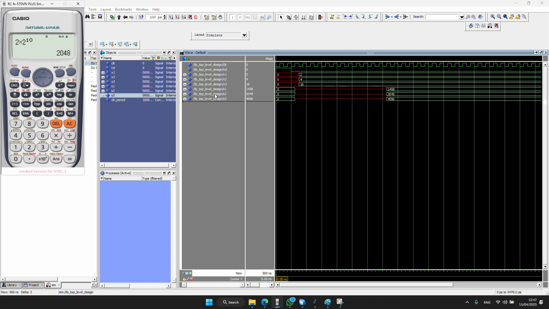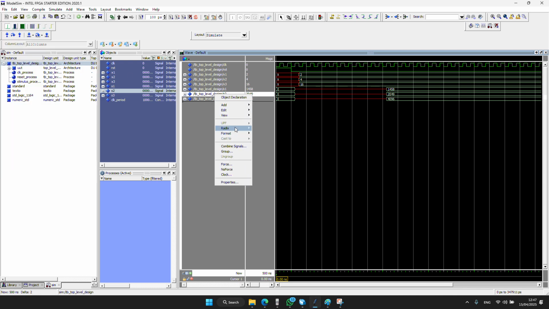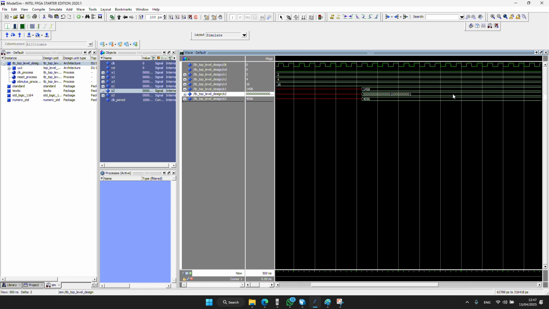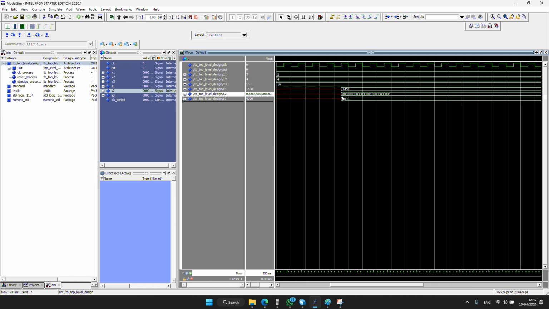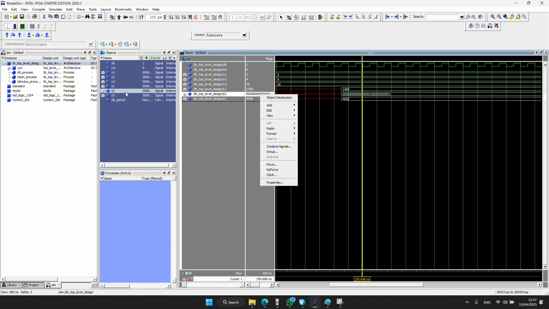Why is this not accurate? Because if we convert this to binary, and if I zoom in a bit, you can see the value. Let me copy the value as well.